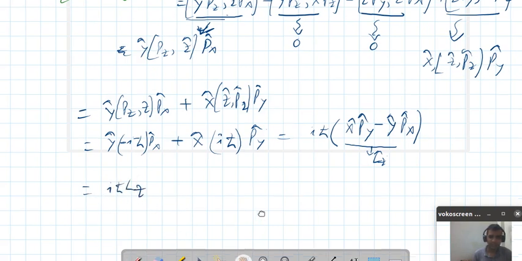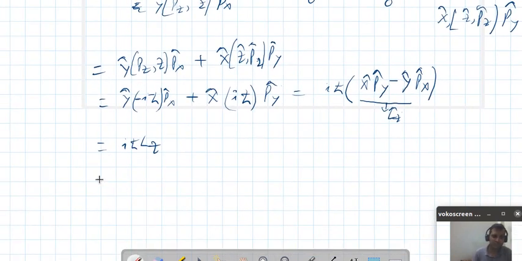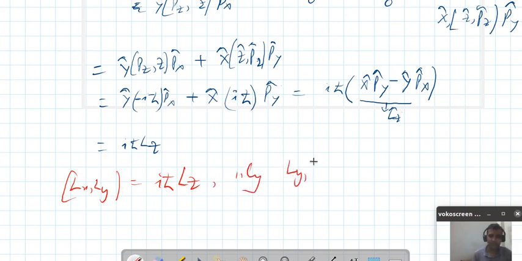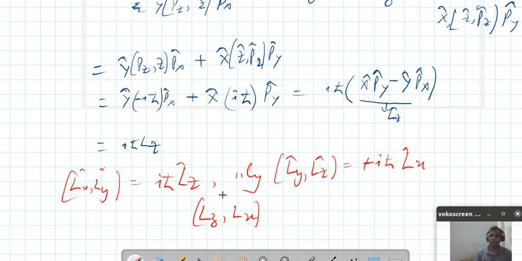So in a nutshell, what I am concluding is that the commutator of Lx and Ly is equal to iota h cross Lz. And similarly, I can prove that the commutator of Ly and Lz is equal to iota h cross Lx, and similarly the commutator of Lz and Lx is equal to iota h cross Ly. They all are operators, so if I missed a cap somewhere, you put it accordingly. So these are the different relations which we are getting.